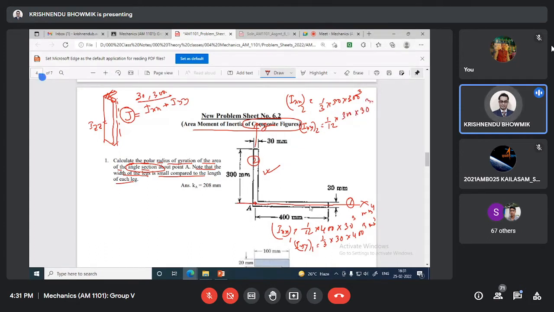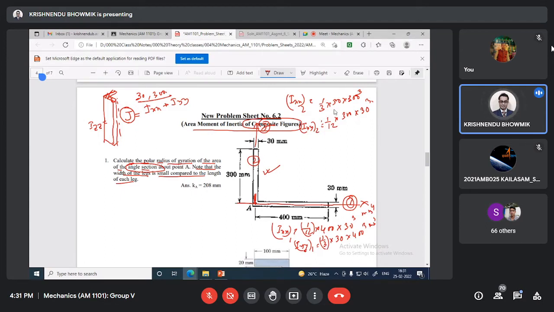You have to be very careful. When I am using Ixx here, I have considered 1 by 12 because this is the centroid. But when I am using Iyy1, this is the y direction, so I have used 1/3. Be careful: when it is the centroid for rectangular sections, 1 by 12. When it is the base, 1/3.